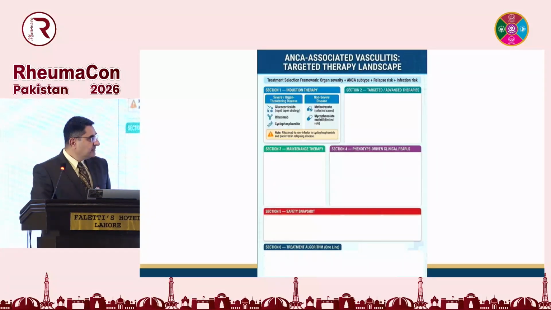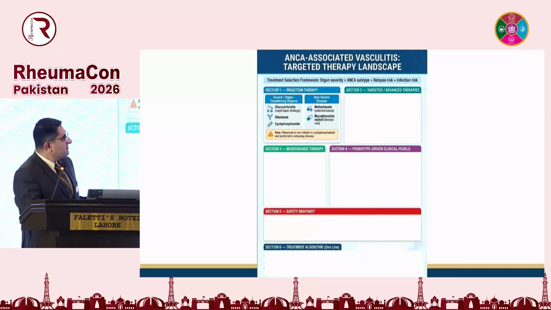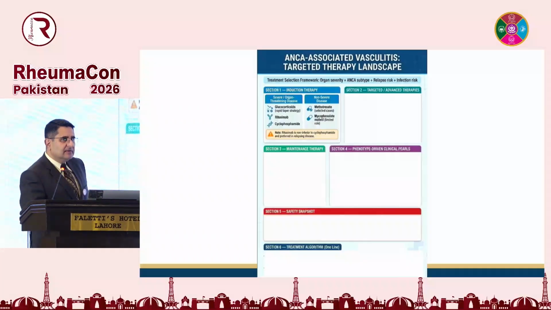So what happens is that in induction therapy, we divide the disease into non-severe and severe organ-threatening disease. Glucocorticoids, rituximab and cyclophosphamide remain the mainstay of induction in the severe disease phase, while in non-severe disease, methotrexate and mycophenolate can be used. Usually it is in sinus disease.